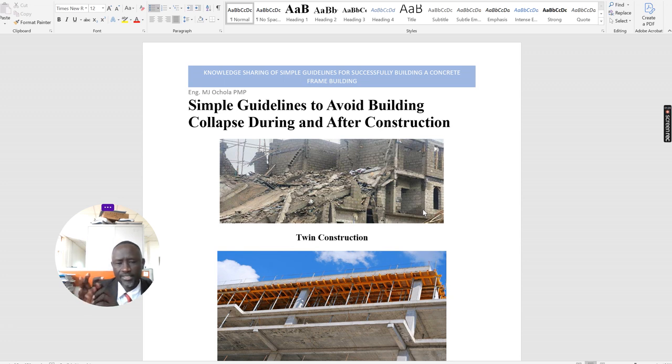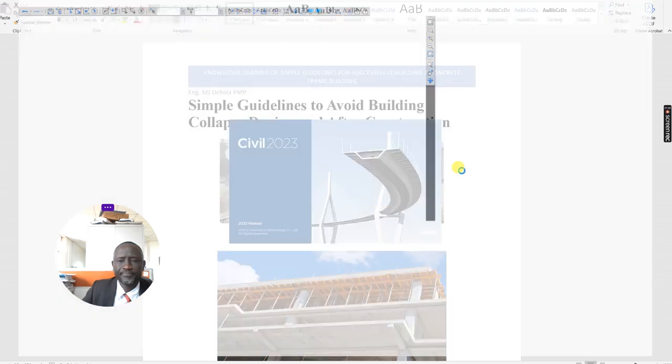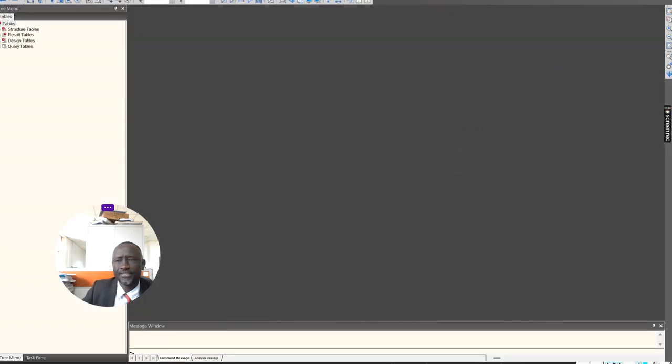These columns help to take on some tensions and the rest, but it also means our blocks or bricks do take a lot. So you have to be careful that we carefully select or manufacture blocks that have specific minimum strength in accordance with the design.